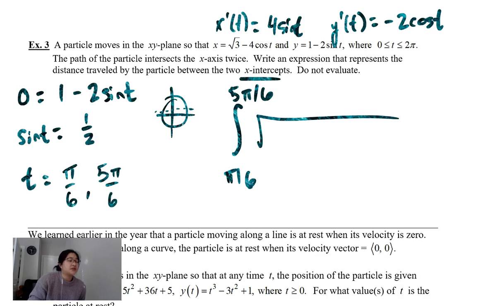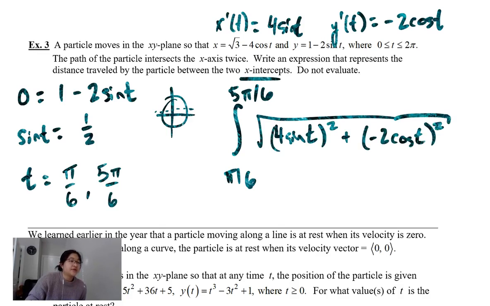And so that's what we're finding the magnitude of, our velocity vector. So that's 4 sine t squared plus negative 2 cosine of t squared. And we're integrating with respect to t. It says do not evaluate, so we're not going to evaluate. But if you were going to try to evaluate that, you should probably put that in your calculator. Don't forget about Math 9.